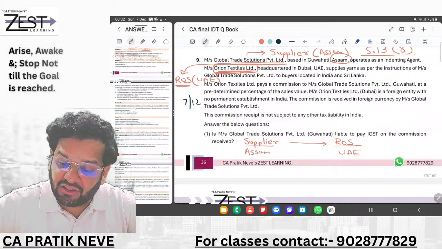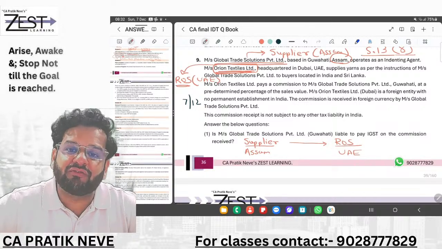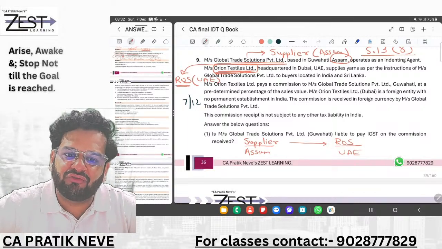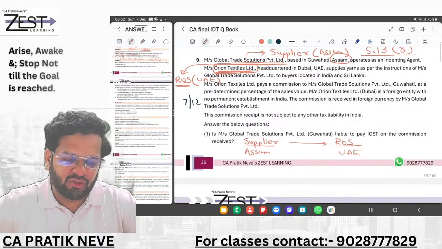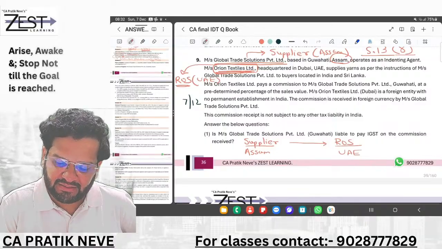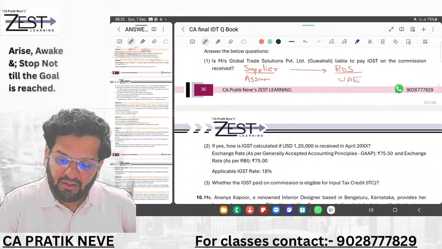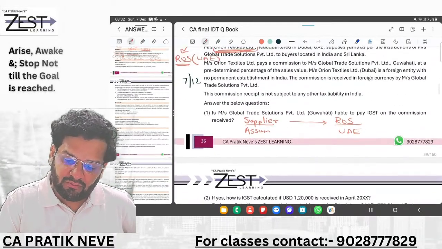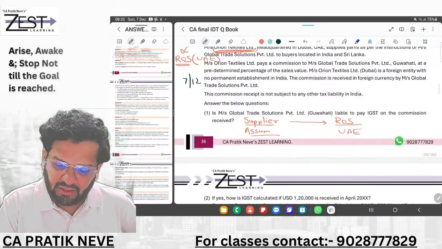Now in such 13(8) cases, place of supply is location of supplier. So it's going to become Assam. Clear? So understand now.